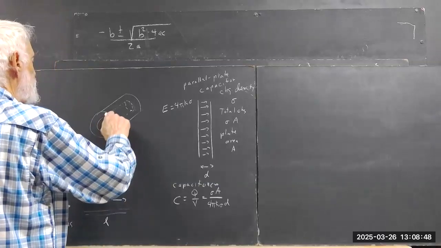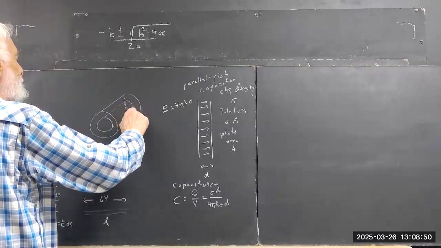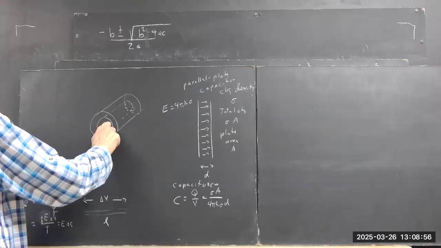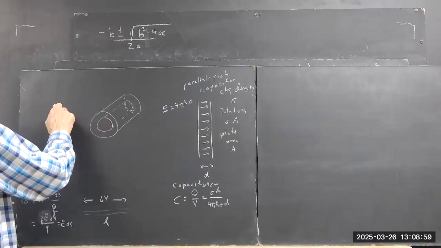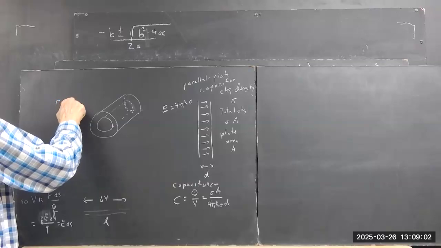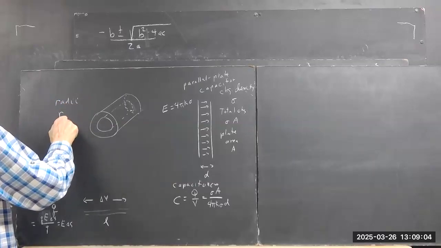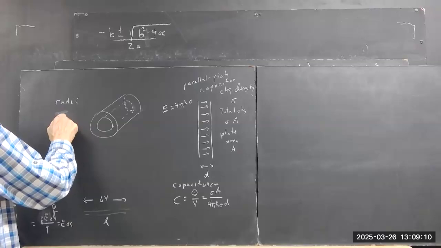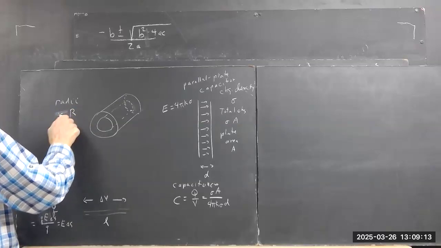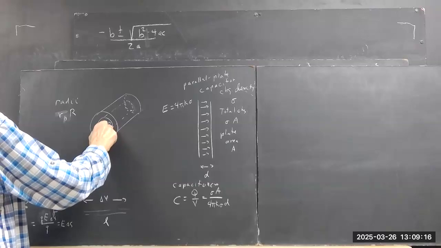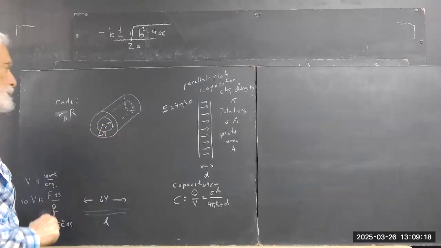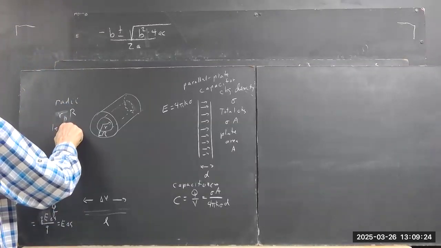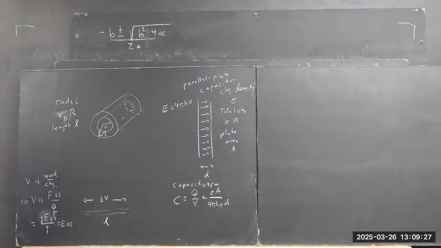This depicts the cylindrical capacitor. Inner radius, big R. Get the length up.